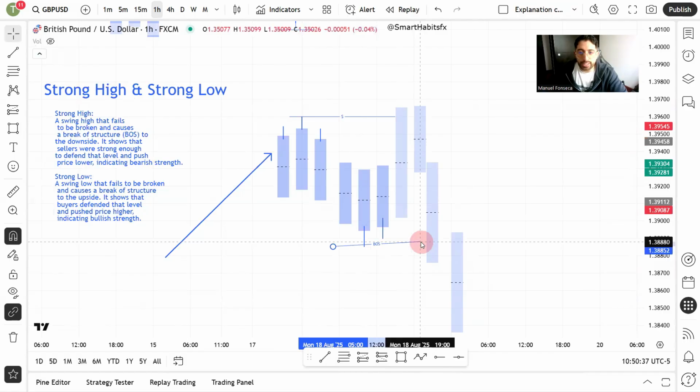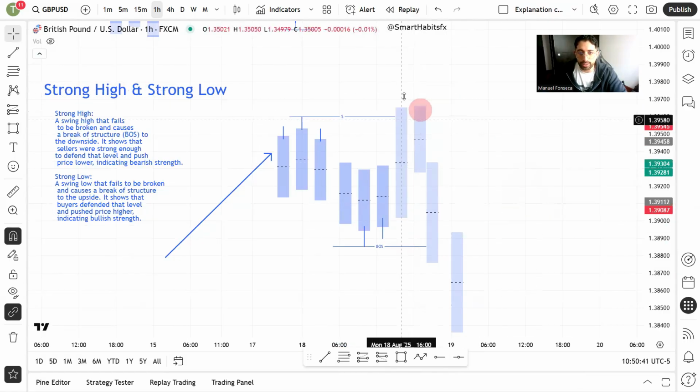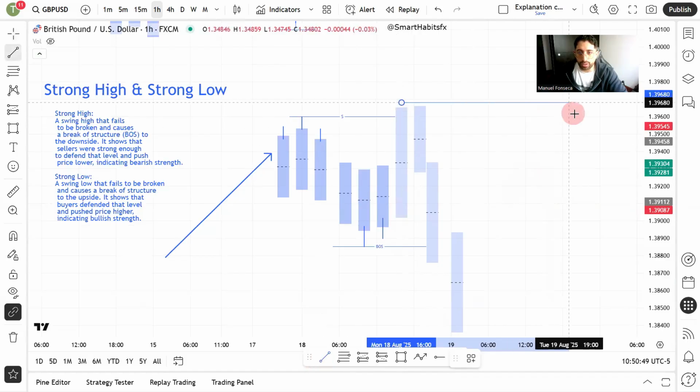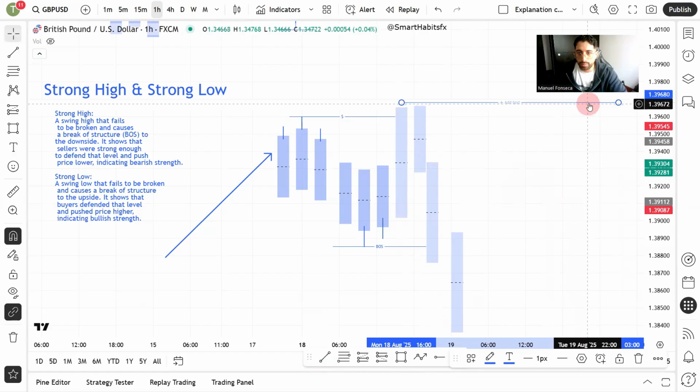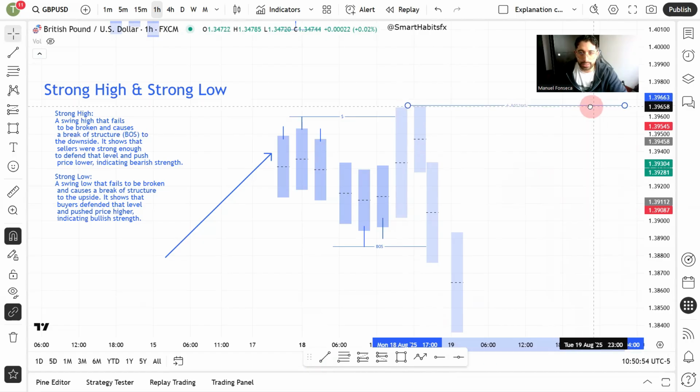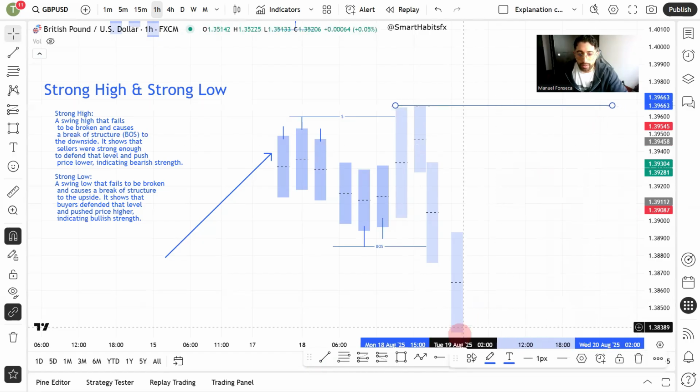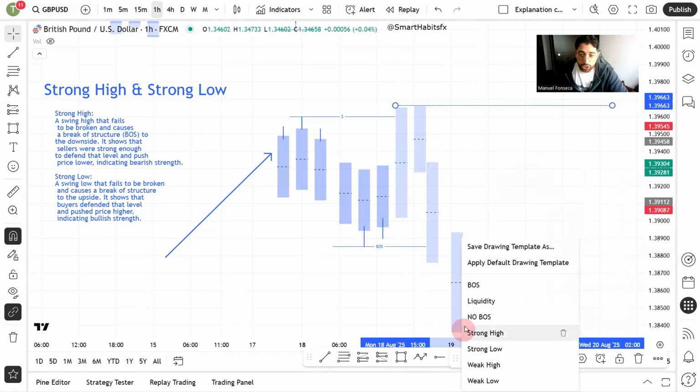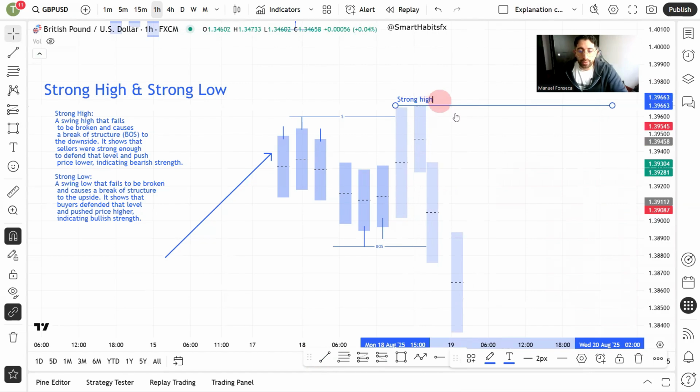And now, this is the most important thing to understand: the higher high or the highest high that is already created here, so these two candles, becomes the strong high. Because as its name says, it is the position where the sellers defend their position, right?